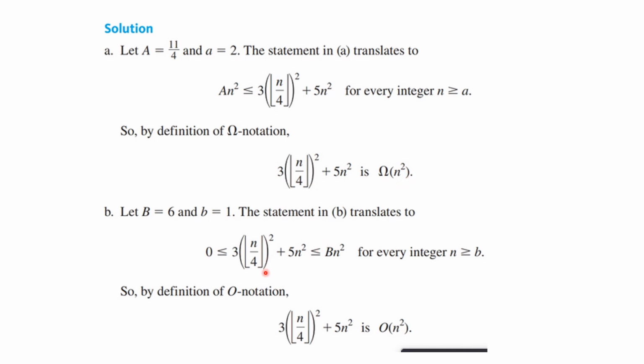Similarly on B, when B is 6 and lowercase b is 1, we can say that this is true, and since this is less than n squared, this is big O of n squared for every integer n bigger than or equal to b. So by the definition of the big O notation, this is big O of n squared.